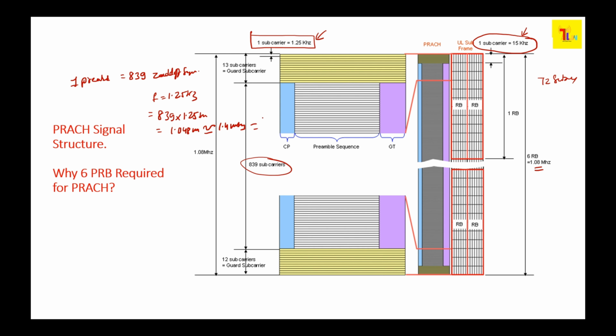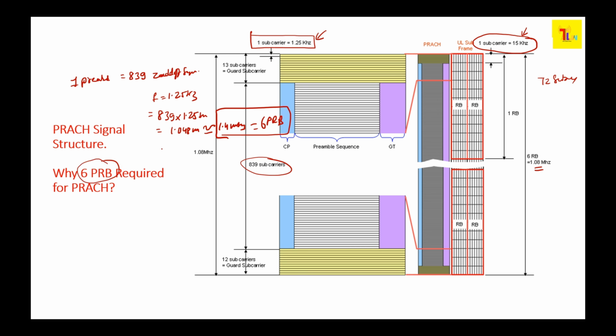As per the spec, 1.4 megahertz is going to occupy 6 PRB as per the table. That's the reason for PRACH to be sent, it is going to occupy 6 PRBs.